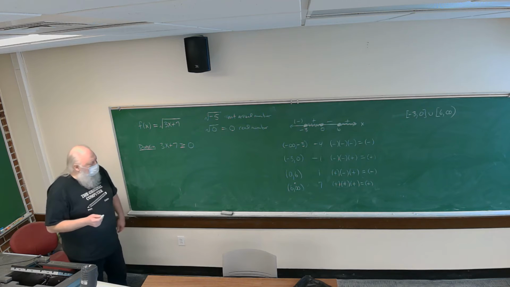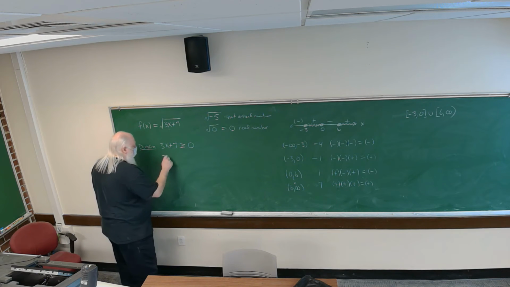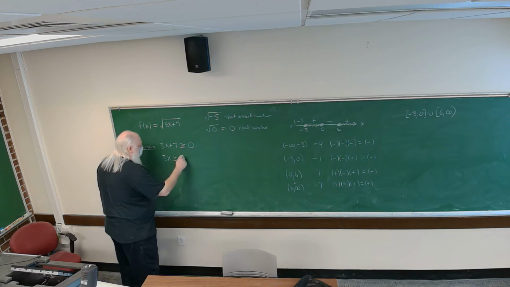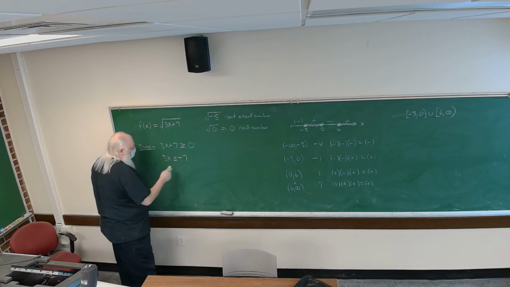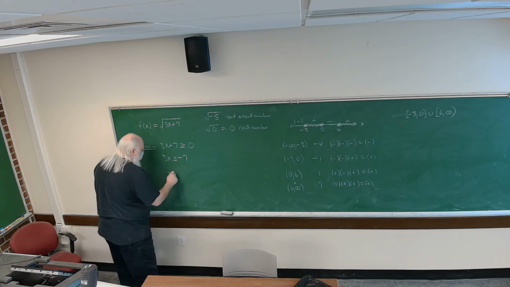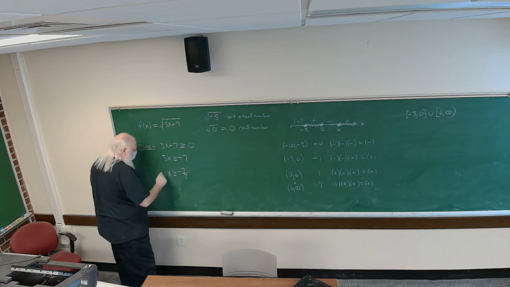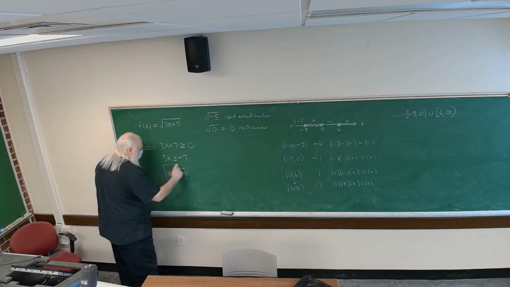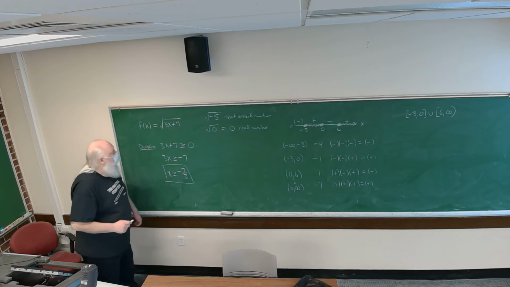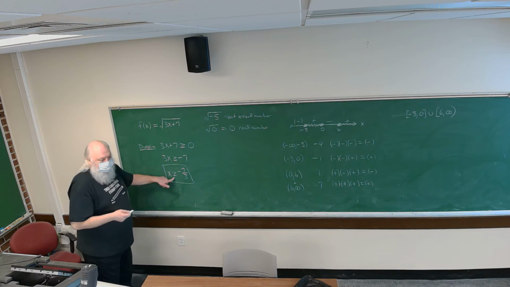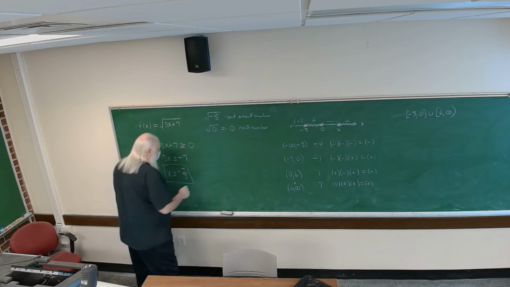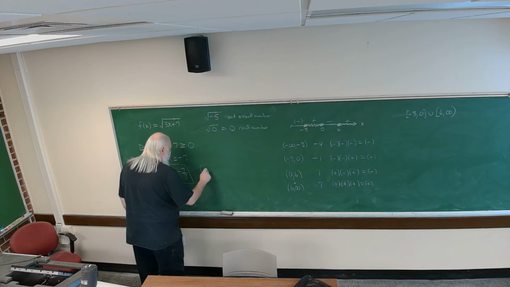And so when you solve for x, you subtract 7 from both sides, then divide both sides by 3, and x is greater than or equal to minus 7/3. So that is the solution set in inequality notation. In interval notation, it's bracket minus 7/3, infinity.